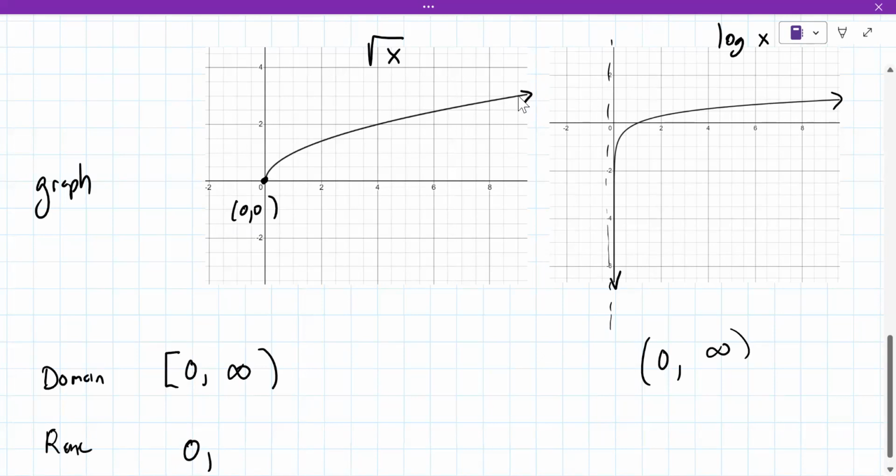So 0 to infinity. Yes. Okay. And then for the log, that's what you were telling me earlier. It goes down forever. It's minus infinity. And similarly to the square root, it does go up forever, just really slowly, but on the right here it does go up forever to positive infinity.